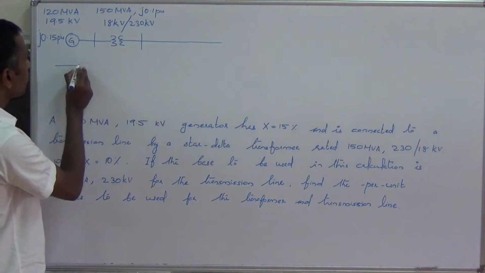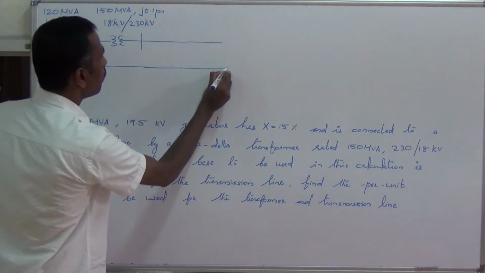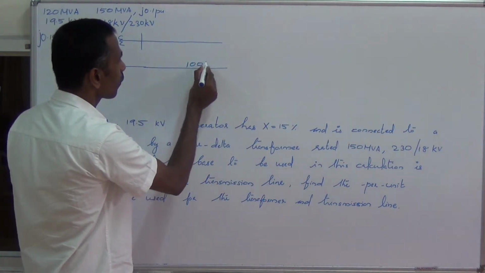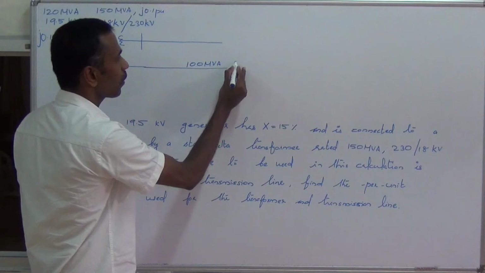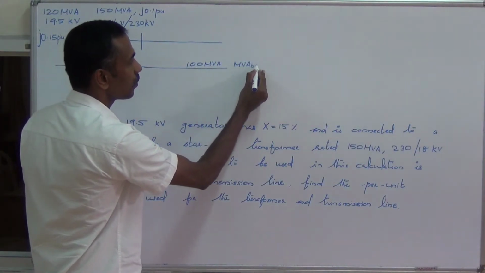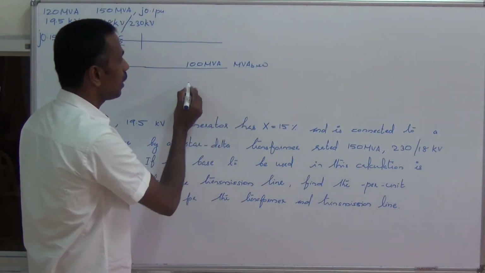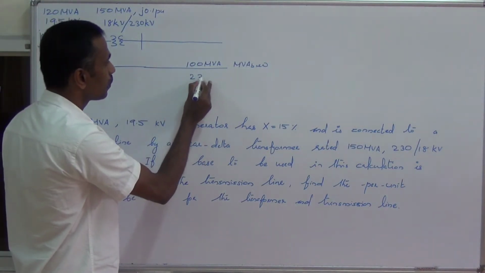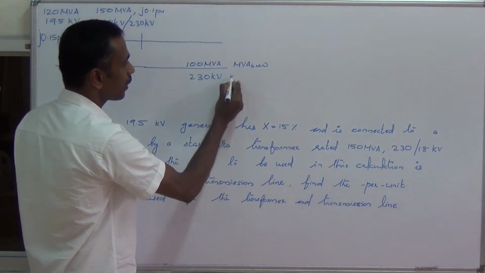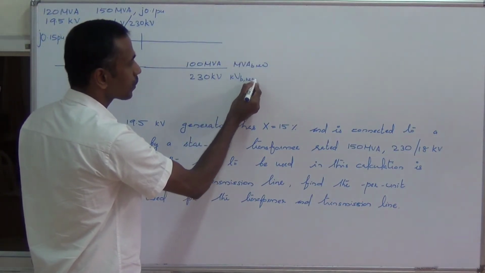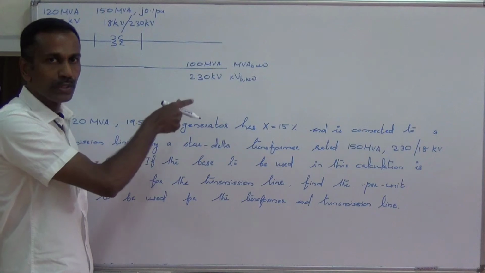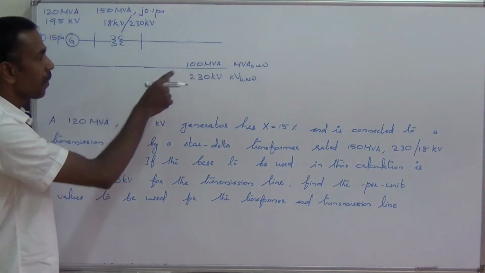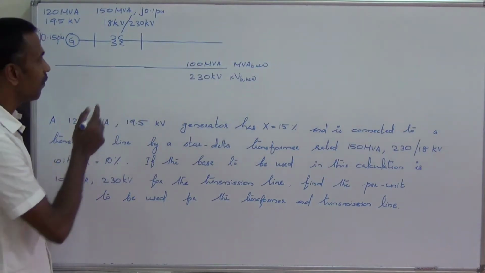The new base values are 100 MVA, this is our MVAb new, and the kilovolt base new is 230 kilovolt, this is our kVb new. And these base values are available on the transmission line. And throughout this power system, MVAb new will be 100 MVA.